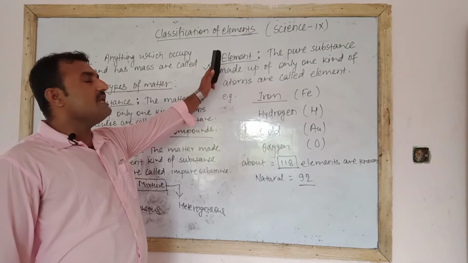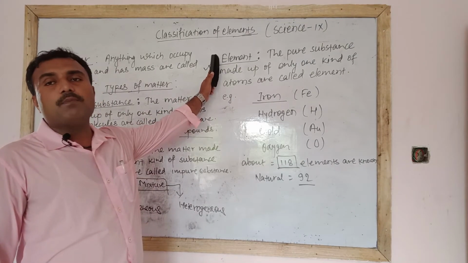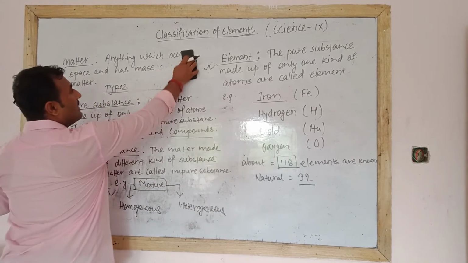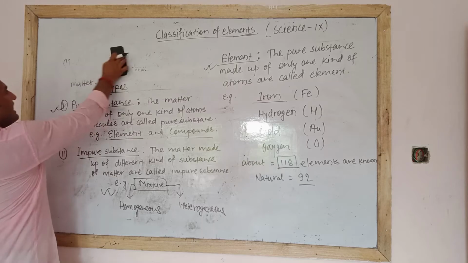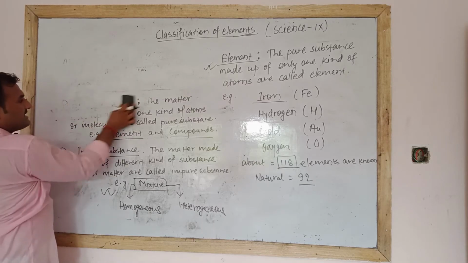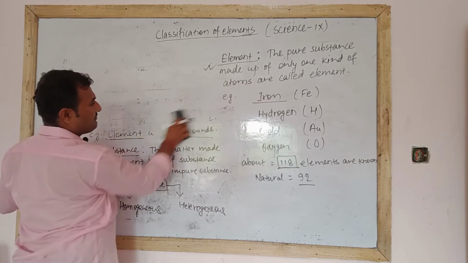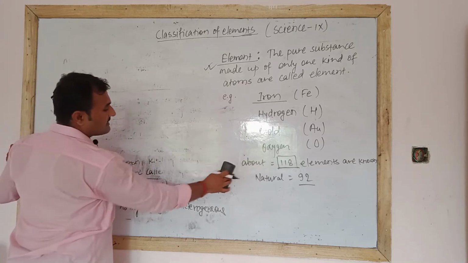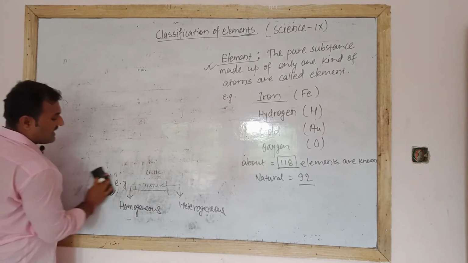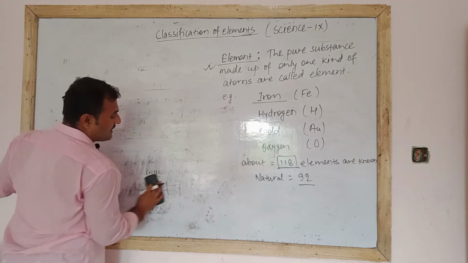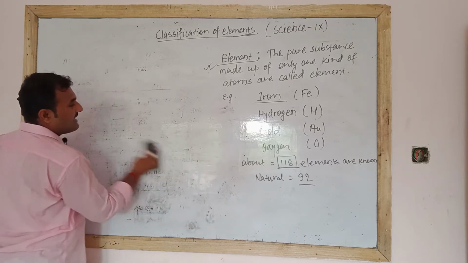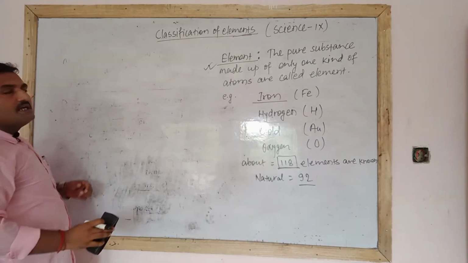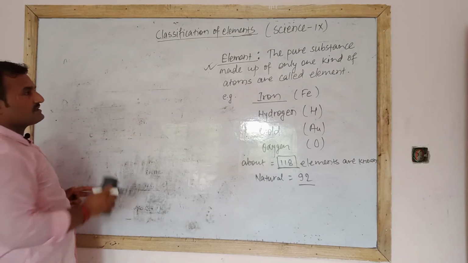Elements are made up of only one kind of atoms, and therefore an atom can be defined as the smallest particle of an element which takes part in chemical reaction. Every element is made up of a distinct kind of atom.